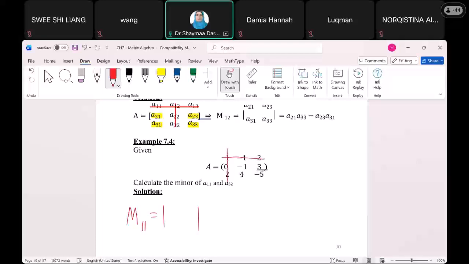The remaining is minus 1, 3, 4, minus 5. So it is equal to minus 1 times minus 5, which is 5, minus 3 times 4, which is 12, which is minus 7. Minus 7.